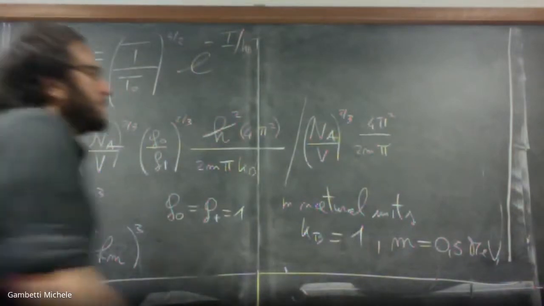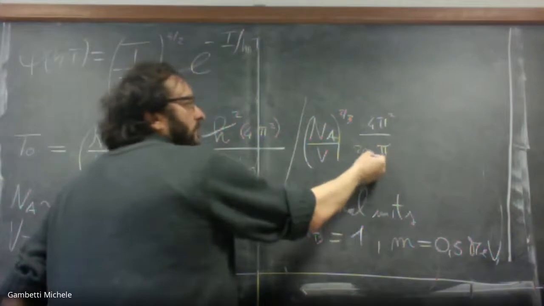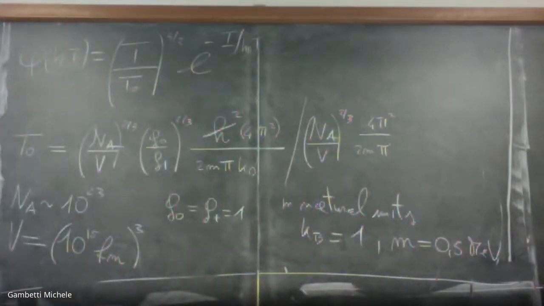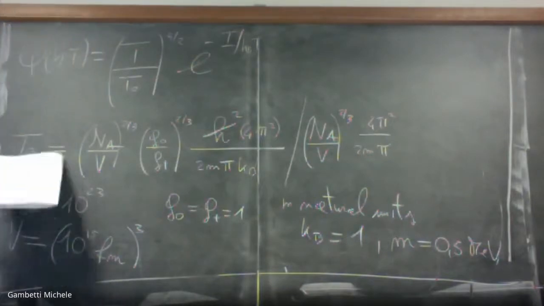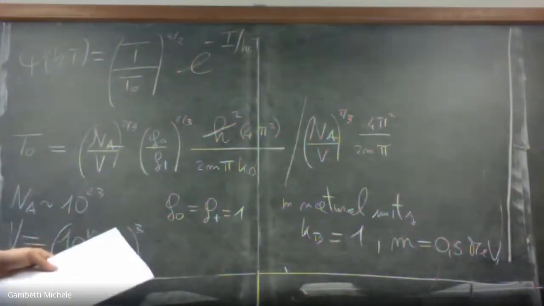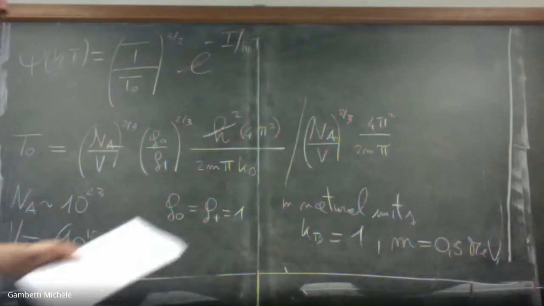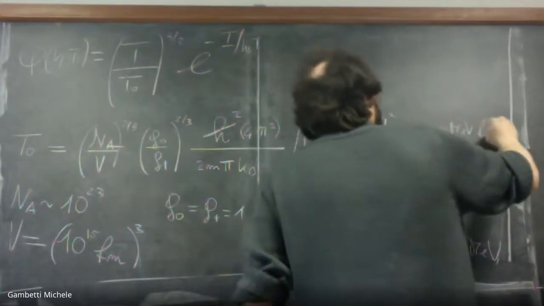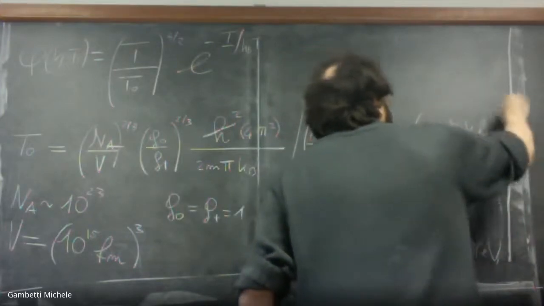And now you see that the dimensions are 1 over MeV and 1 over Fermi squared. So then to get the proper dimension for a temperature, which in natural units has the dimension of an energy, I have to multiply by 200 MeV Fermi squared.